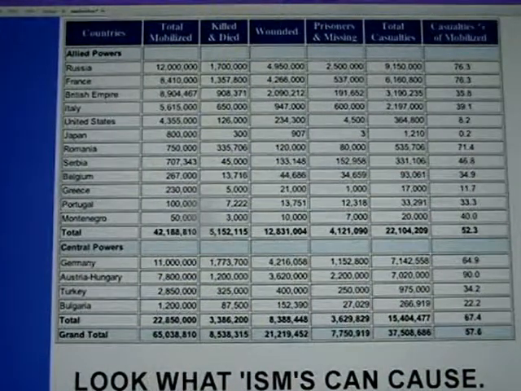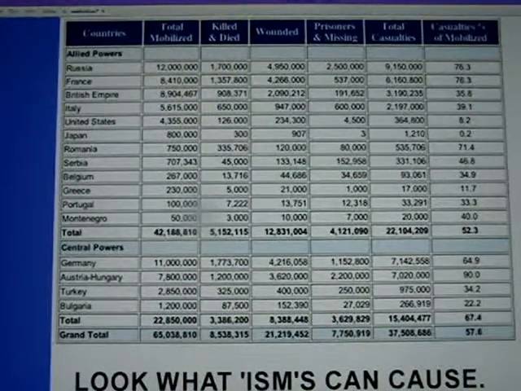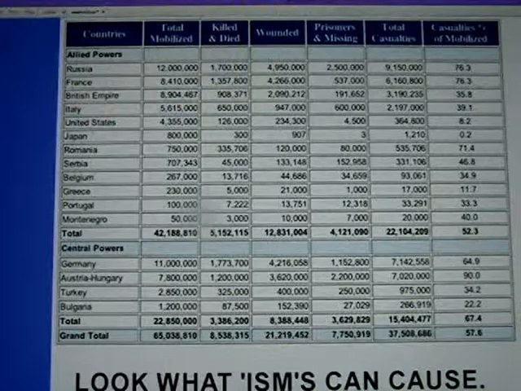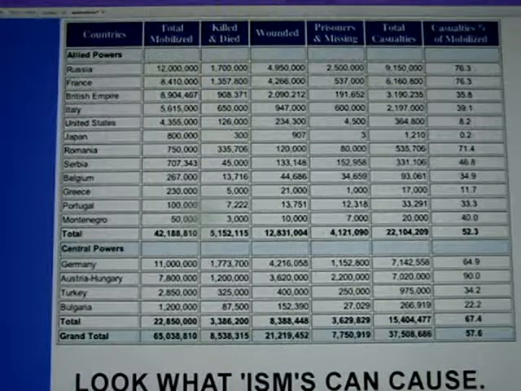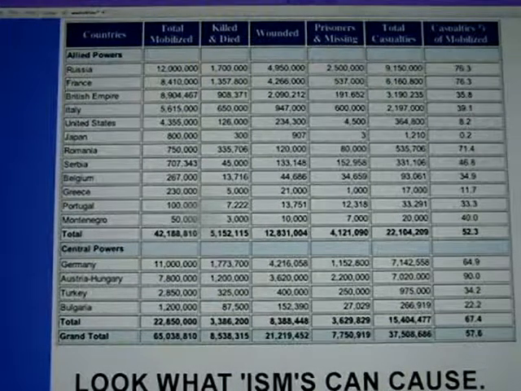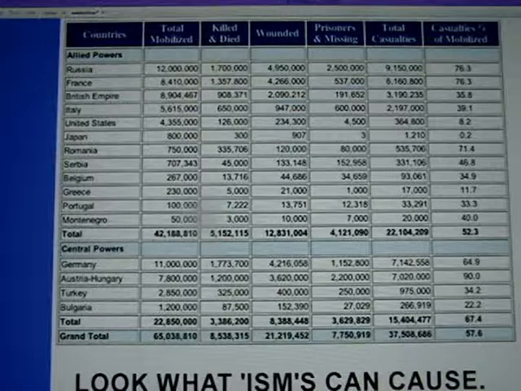But the horrifying figure to me is that one lower right. 57.6% of mobilized. What that means is, if you went to war, you had more than half a chance of being either killed, wounded, or missing.